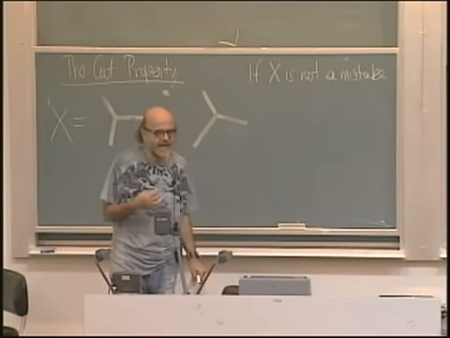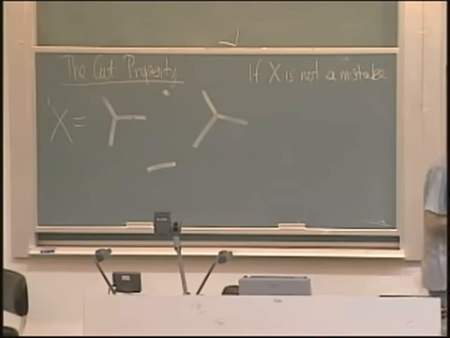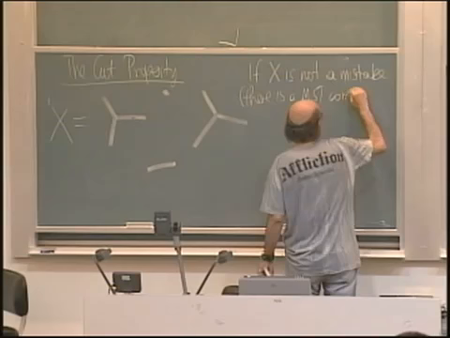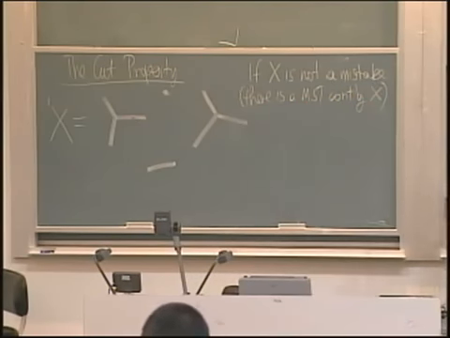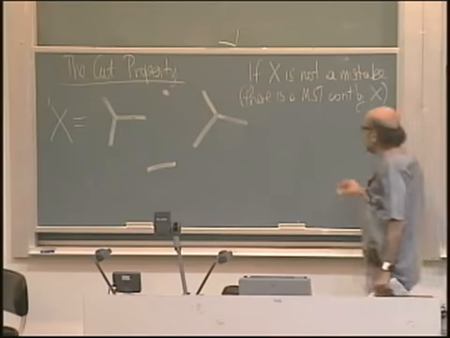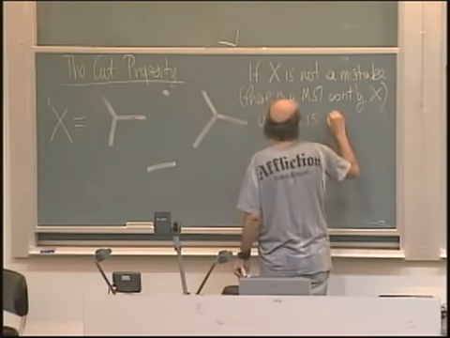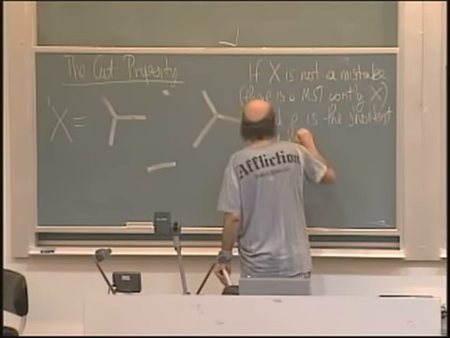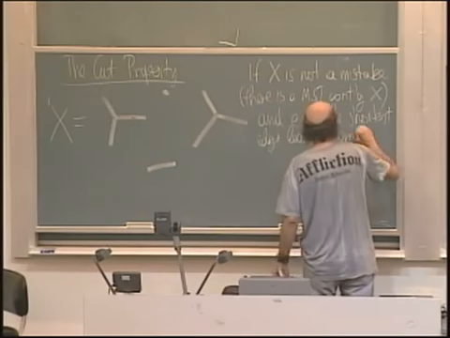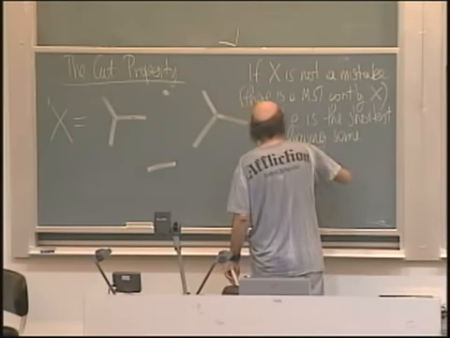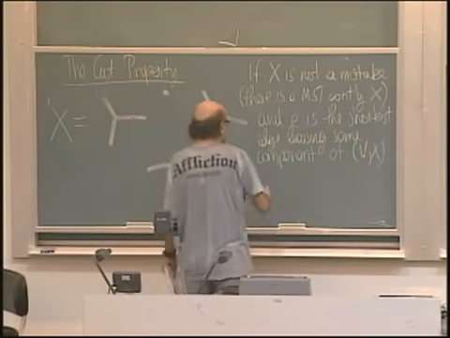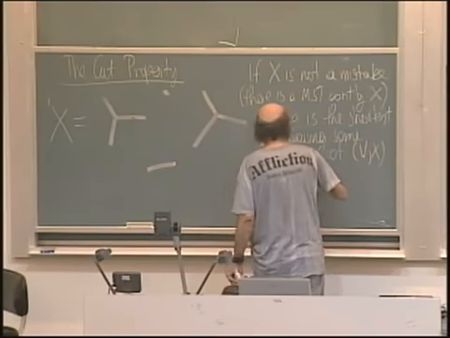In other words, if in constructing X we never took a really wrong turn, it means that there is a minimum spanning tree containing X. So if X is not a mistake, and E is the shortest edge leaving some component of X, of the graph V, X strictly speaking, then X plus E is not a mistake.